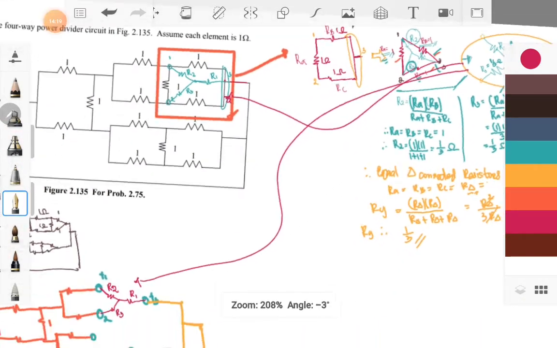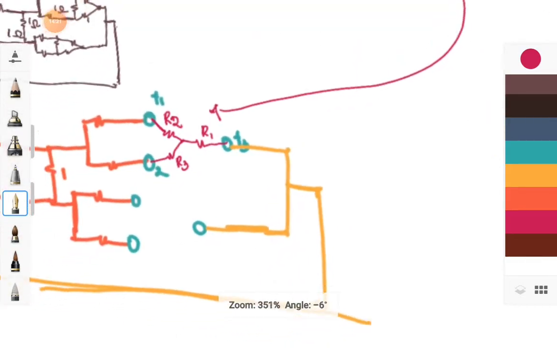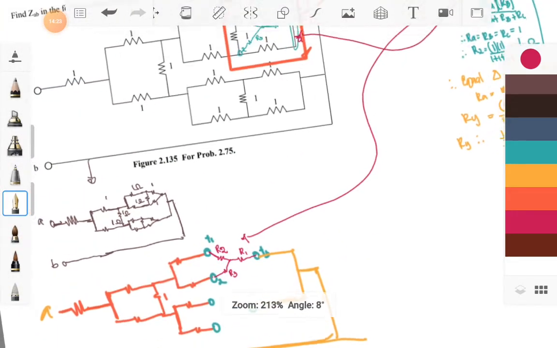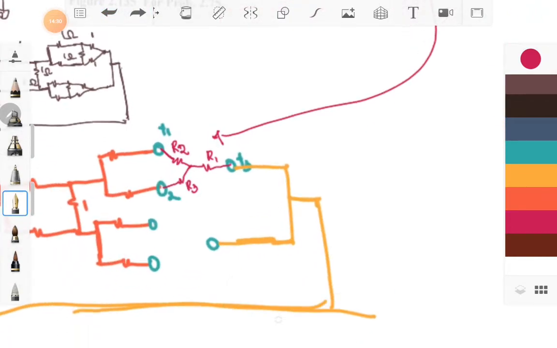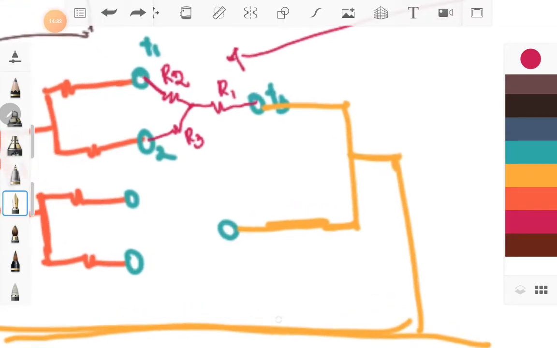Okay. And then also, since this figure is similar to the upper figure, so I may say that this is also the same figure in your bottom area.